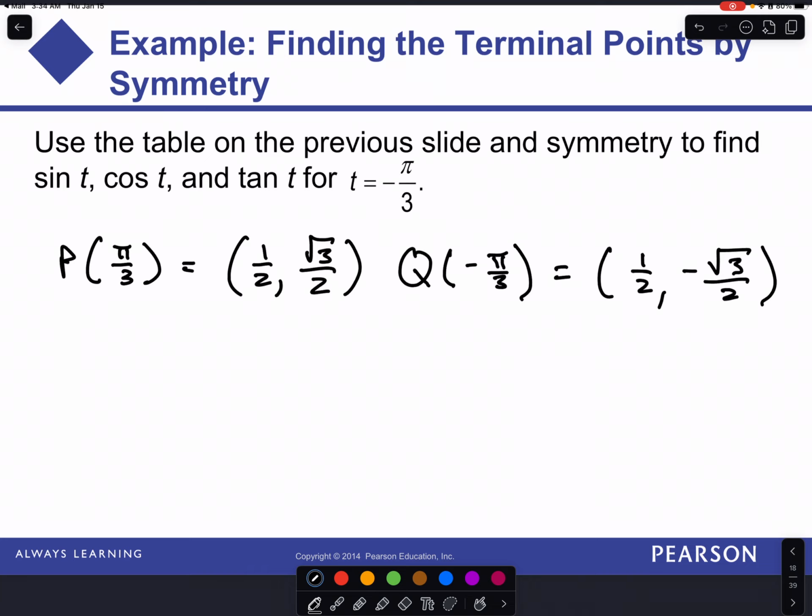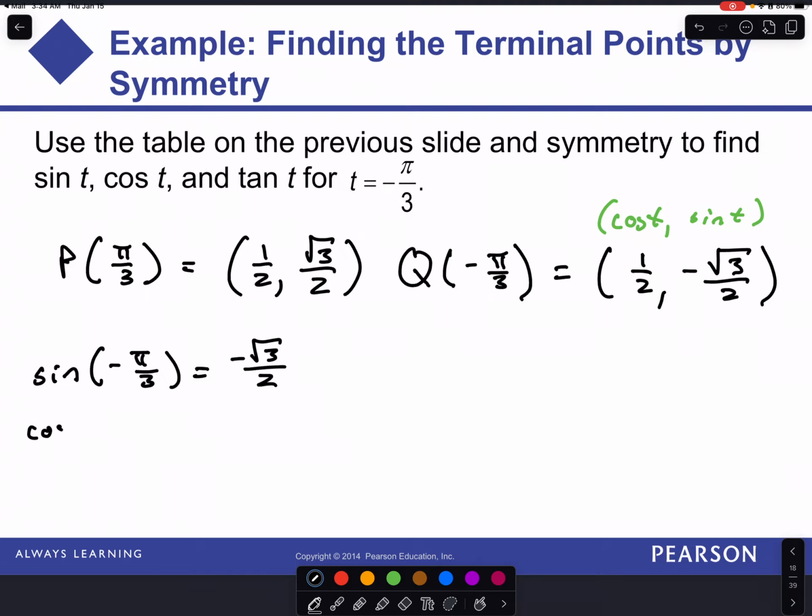Okay. So now again, we want to find the trig functions associated with this point Q, with this Q of negative pi over 3. This corresponds to cosine of t. This corresponds to sine of t. So what we're saying is that sine of negative pi over 3 looks like it's going to be negative root 3 over 2.